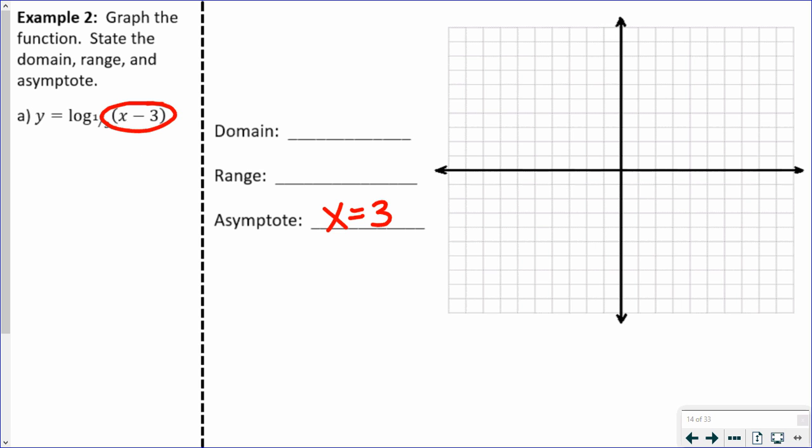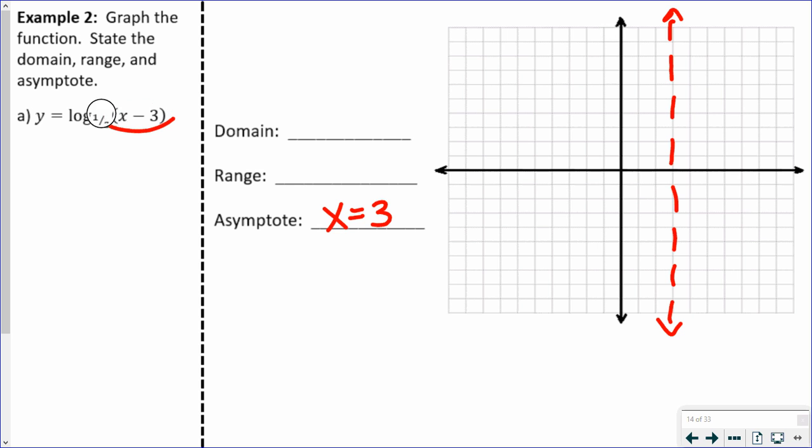Now I'll show you on the graphing calculator how it would have shown you that as well. But if I just give you an equation and say find the asymptote, you may not want to type it in your calculator. You can, but you may not want to. So x equals 3. Then when I graph it, I go to 3 and then draw that vertical asymptote at x equals 3.